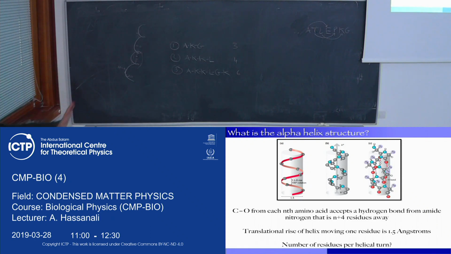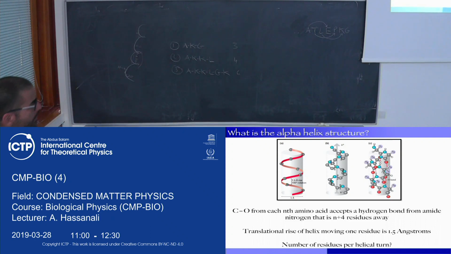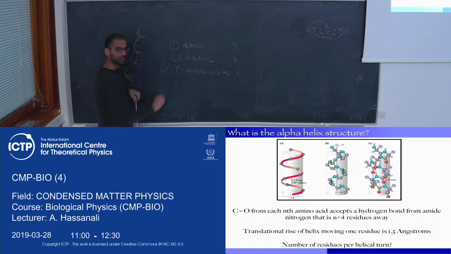So now I have to think about something else. So it's not true that only 4 and 6 would not be able to form alpha helices. So which ones would? Knowing this, probably 6 would be the most stable.